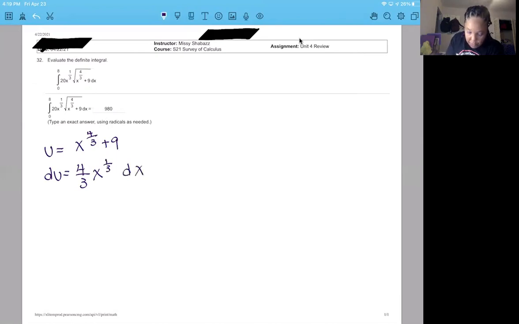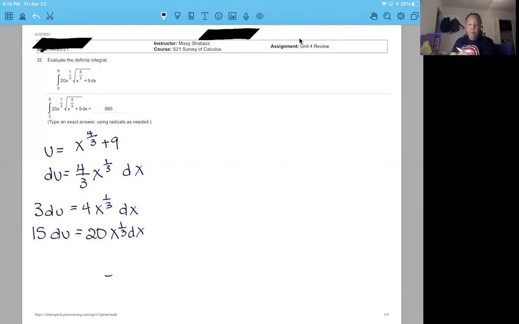All right, so I'm going to multiply both sides by 3 so that I get 3 du equals 4x to the 1/3. I don't have 4, I have 20, so I'm going to multiply by 5. So 15 du equals 20x to the 1/3 dx.